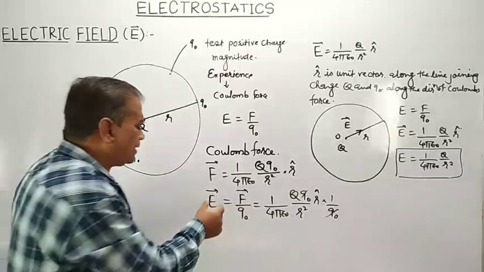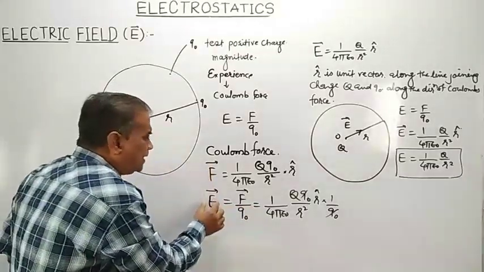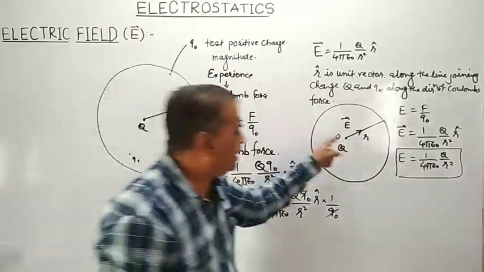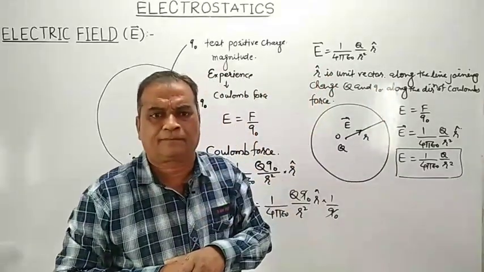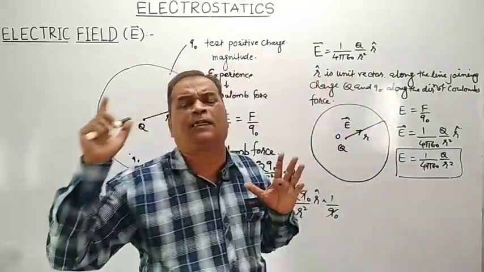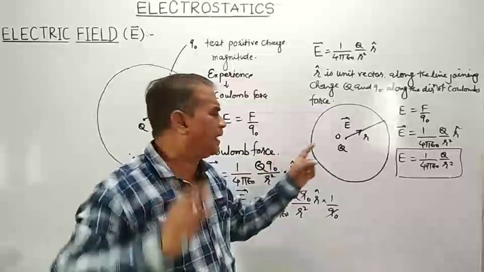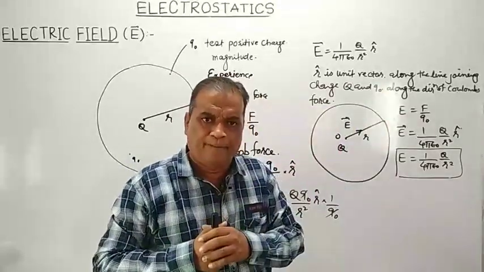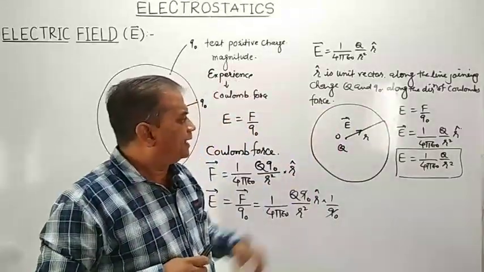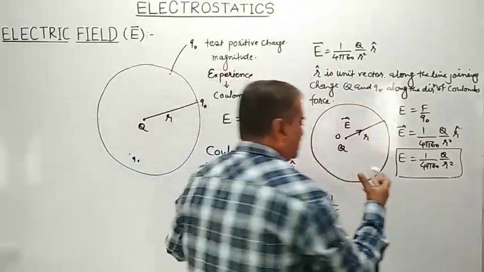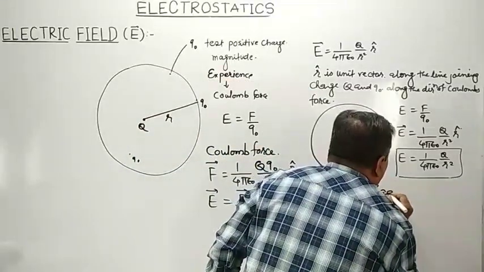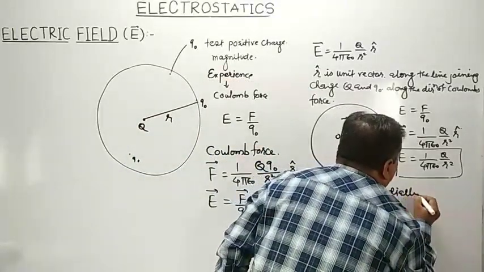That's why electric intensity or electric field will also act along the line joining the given charges, or it will act along the radius. And remember that electric intensity is radially outward in nature.